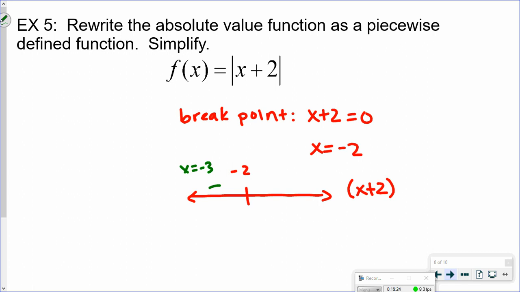So I'm doing the opposite of what I have. I would need the negative slope here. And if I pick a number bigger, so let's say 0, well, 0 plus 2, that's positive. So I want the positive slope for numbers greater than negative 2.